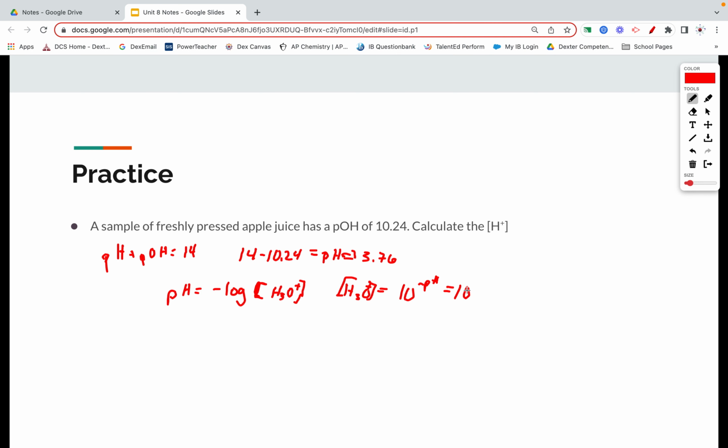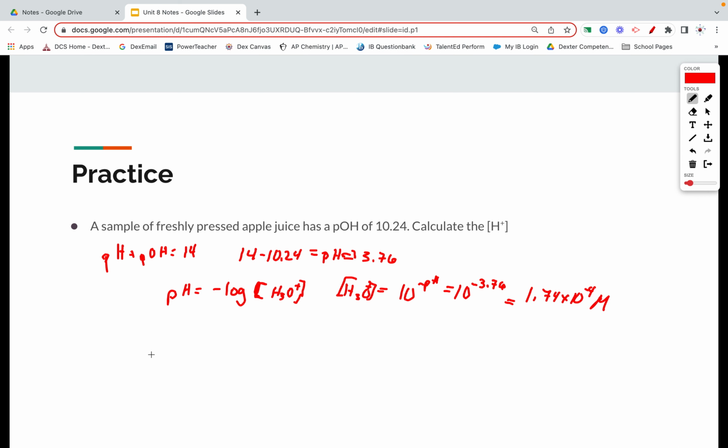So 10 to the negative 3.76 is equal to 1.74 times 10 to the negative fourth molarity. When we're talking about negative log, we're talking base 10.